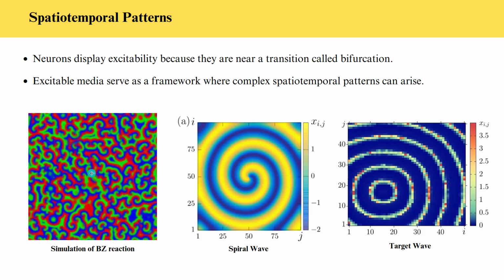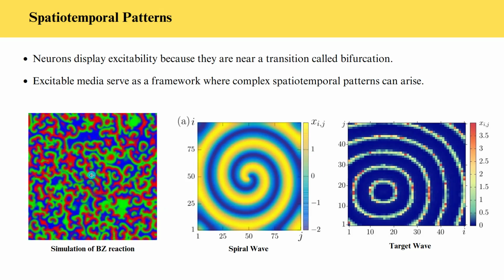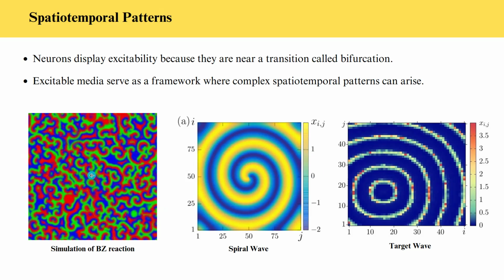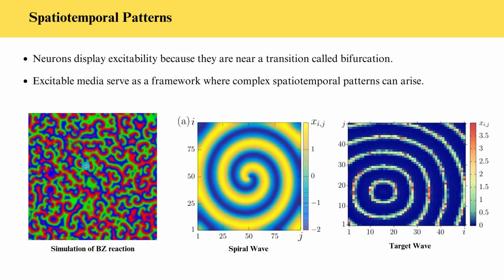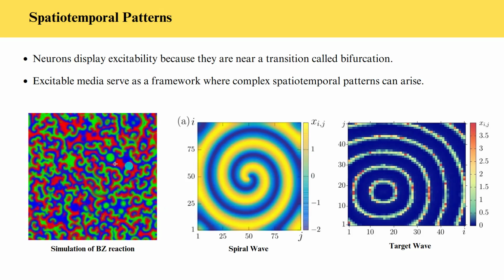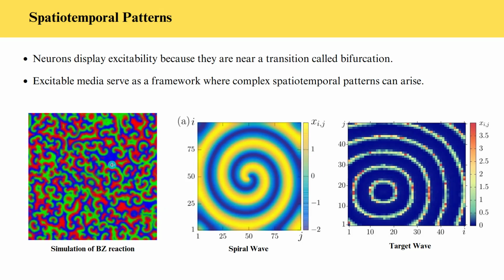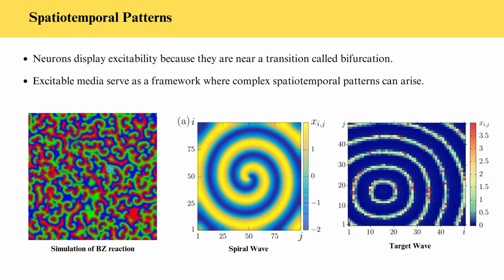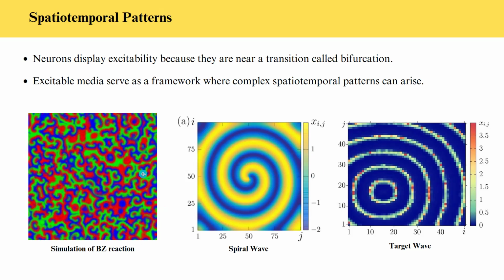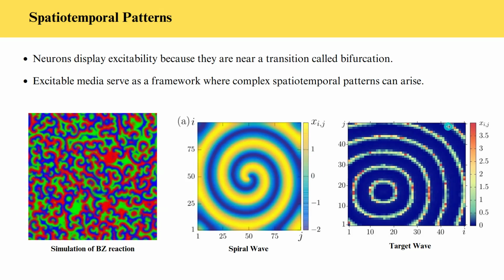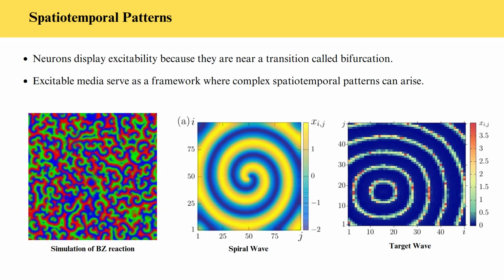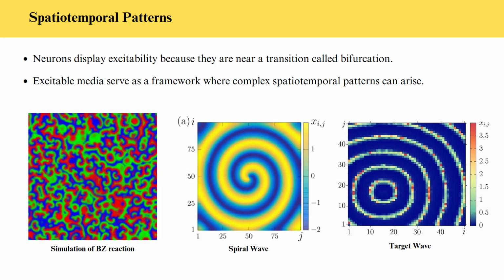And this is the simulation of the Belousov-Zhabotinsky reaction, which is a chemical reaction. Here also we can see that spirals and target waves are forming.